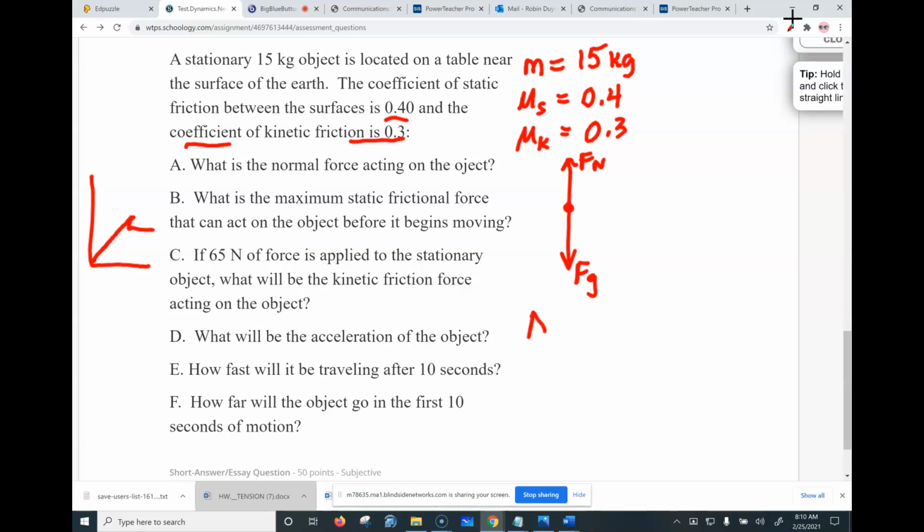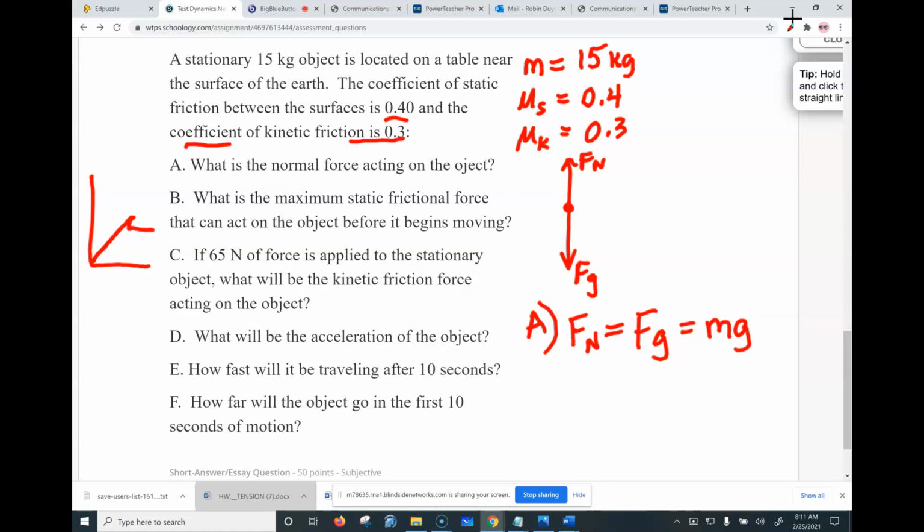So part A, label your parts so that I know. You always start with an equation. So my normal force is going to equal my gravitational force. And then you would want to put mg.